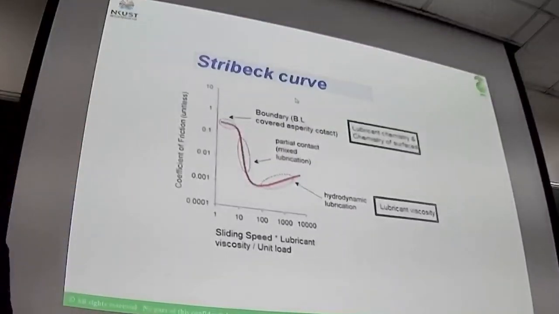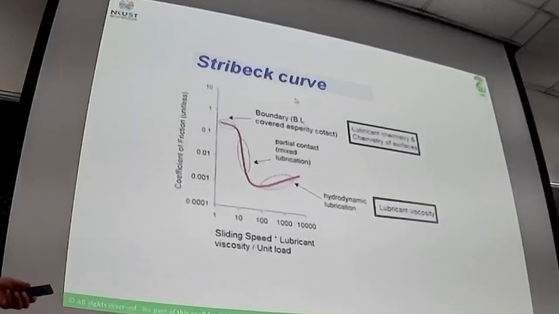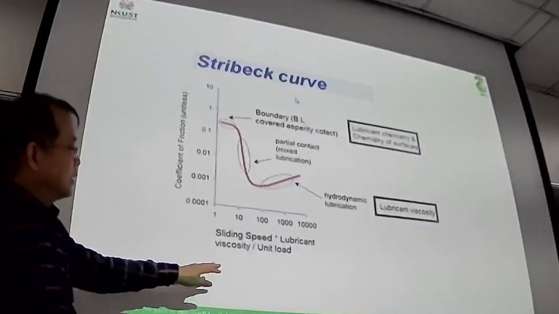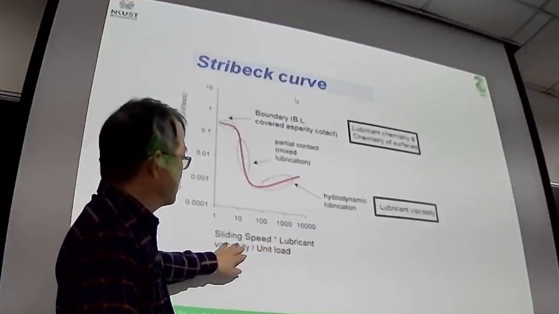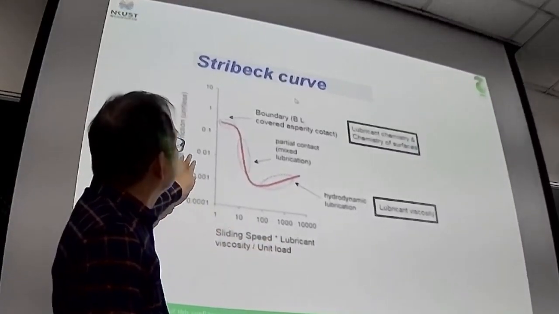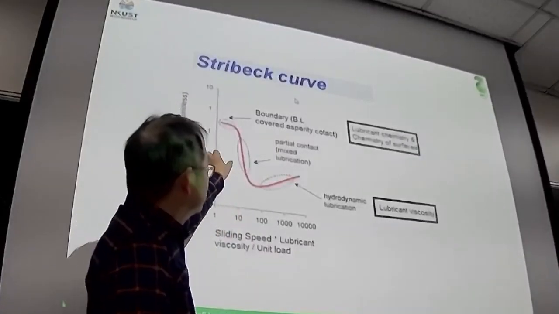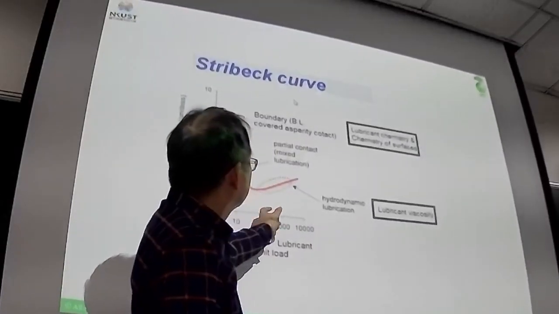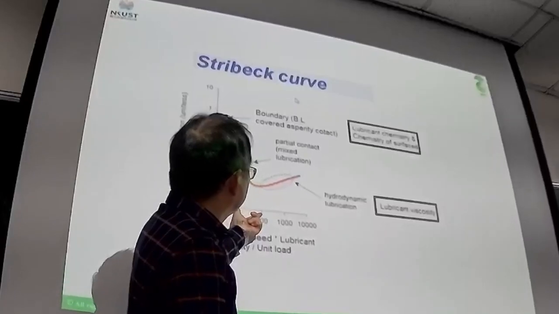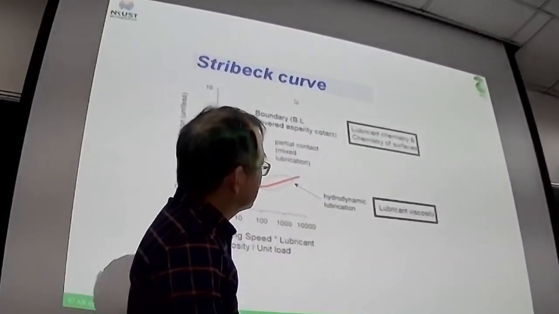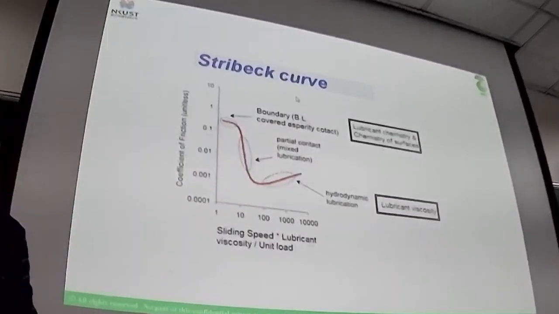Basically, it's divided by the sliding speed multiplied by viscosity divided by load, and you can classify into the boundary lubrication in this region, mixed lubrication in this region, and this one is for the hydrodynamic lubrication.